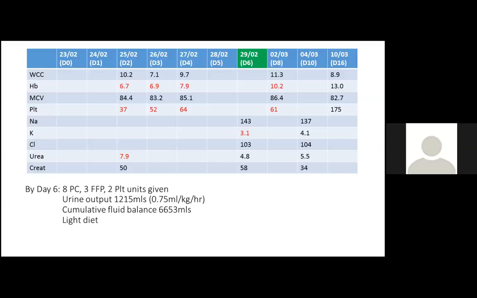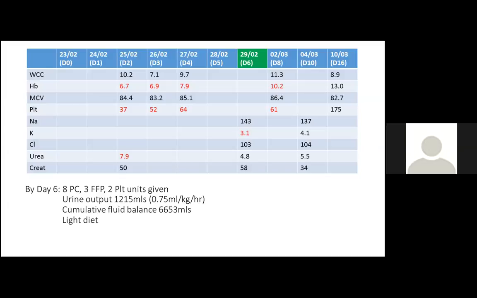I think in terms of the massive transfusion protocol, initially there was this classification where they used a minimum of 10 units in 24 hours. But it has been found that some of the patients actually didn't make it past the 24 hours.